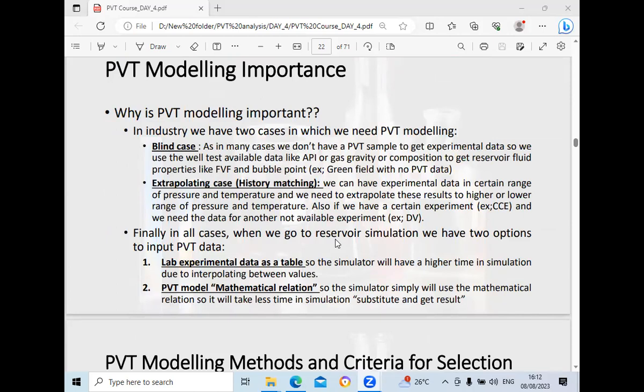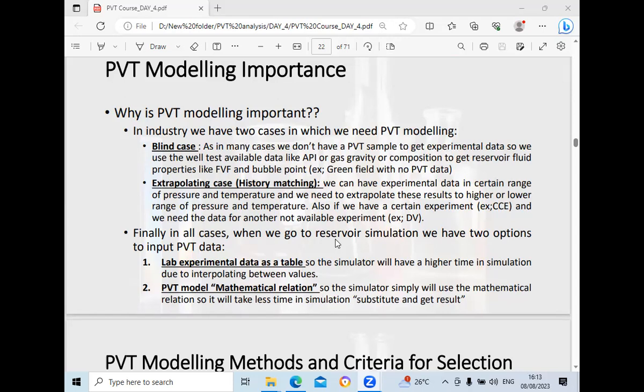So why do we have to model our PVT data? You realize that generally what the company does is, when they collect a fluid sample from the reservoir, they take this fluid sample to the laboratory and subject it to different pressure and temperature conditions.